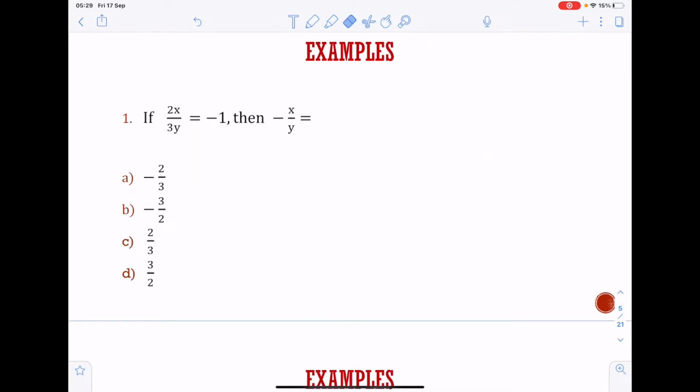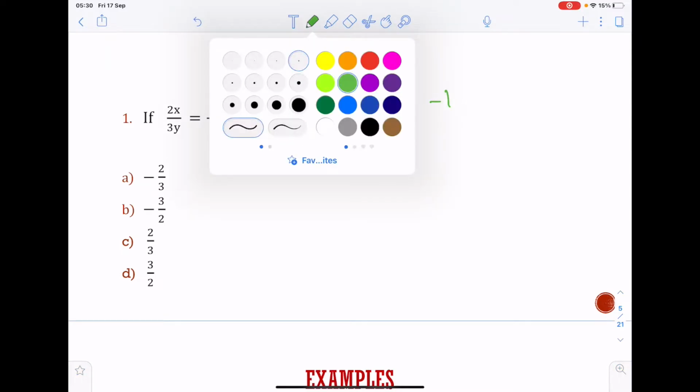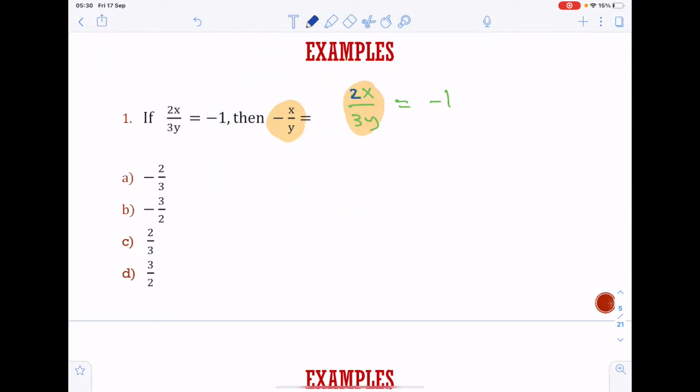If 2x over 3y equals negative 1, then negative x over y equals what? So we'll start with the given information, 2x over 3y equals negative 1, and we'll try to make this side equal this side. We don't want the 2 and we don't want the 3, and we also want a negative.